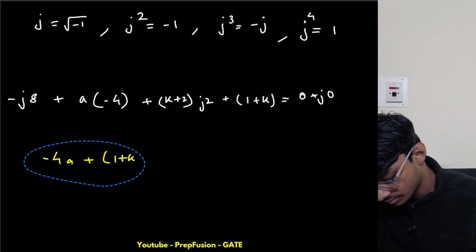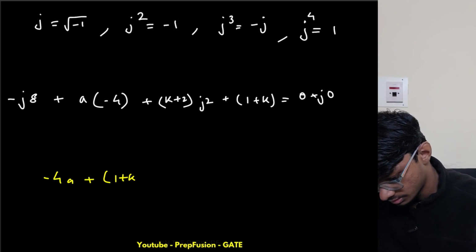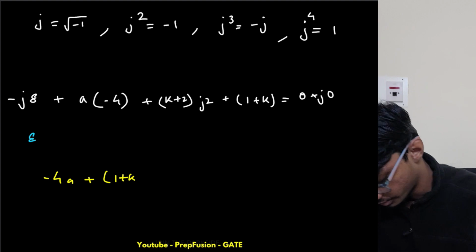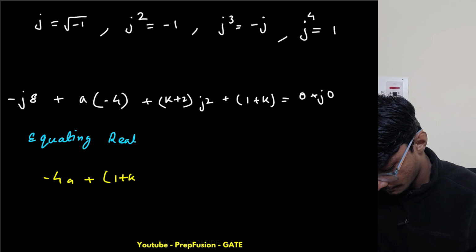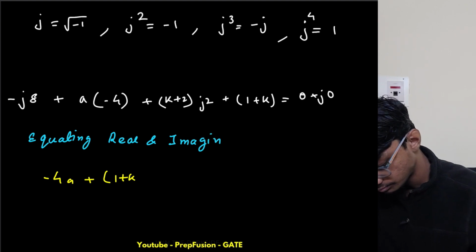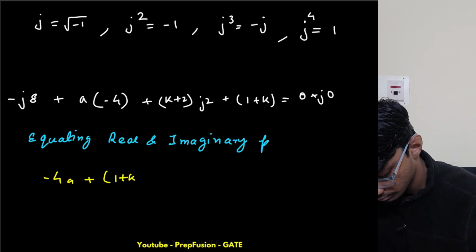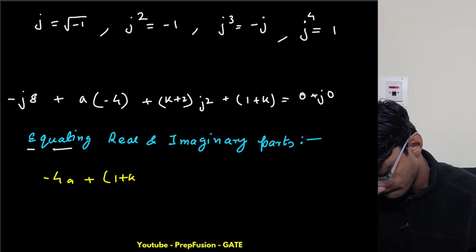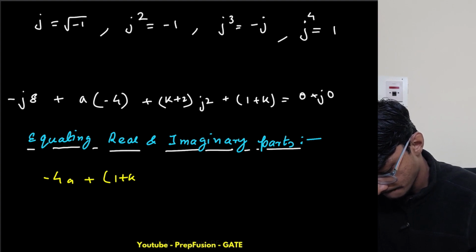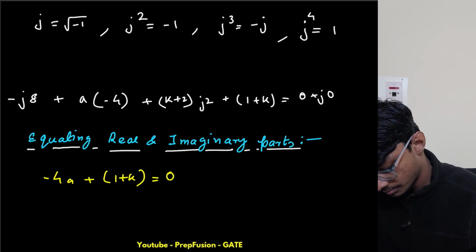So I will write here: equating real and imaginary parts, minus 4a plus 1 plus k equals 0.